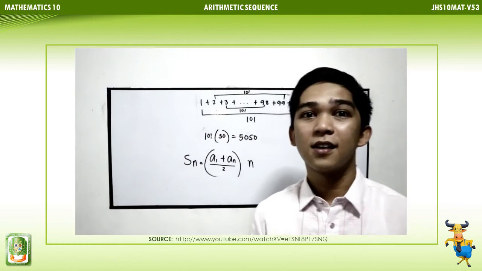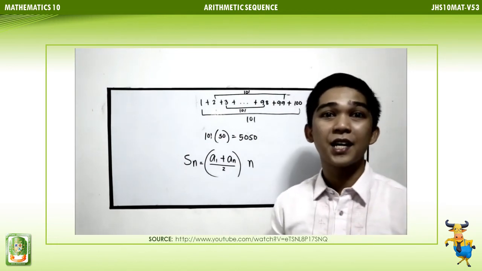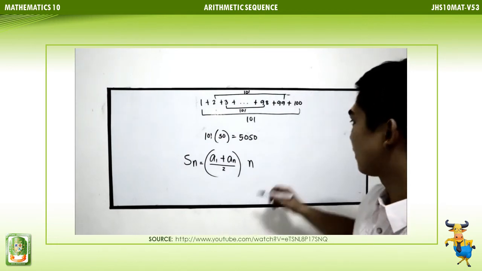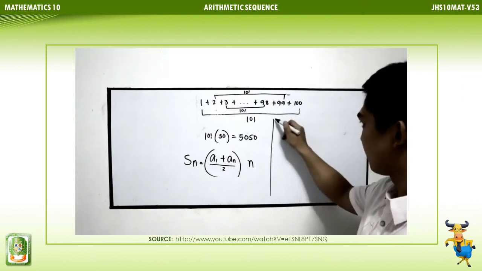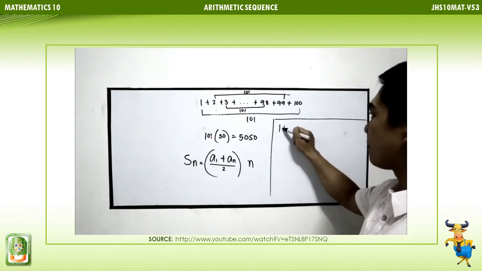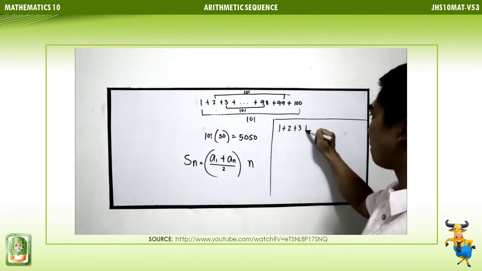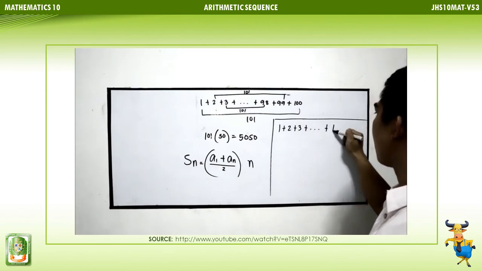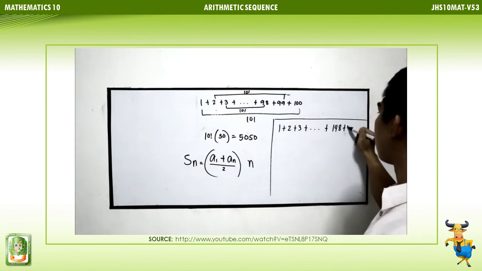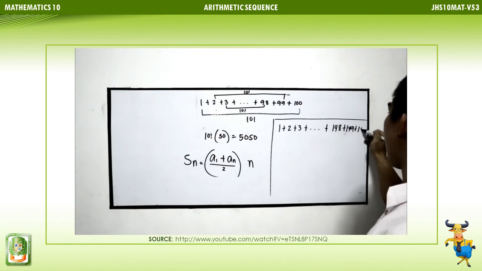Now let us find the sum of the first 150 counting numbers. So that is 1 plus 2 plus 3 plus ellipsis plus 148 plus 149 plus 150.